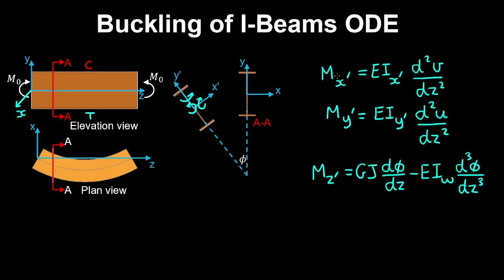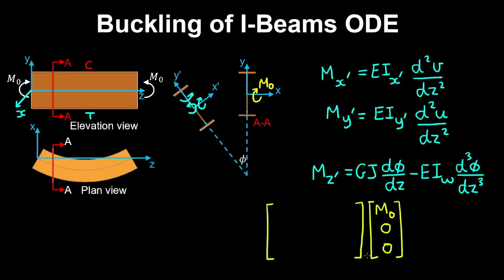And now we want to relate these to the externally applied moment m0, which is the applied moment about the x-axis. So to do that, we're going to use the directional cosines. So if we construct the matrix, being the transformation matrix, applied to the moment vector, so we only have an externally applied moment about the x-axis, and none about the y and z-axis, and that results in these moments that are developed in the beam when it undergoes lateral torsional buckling.